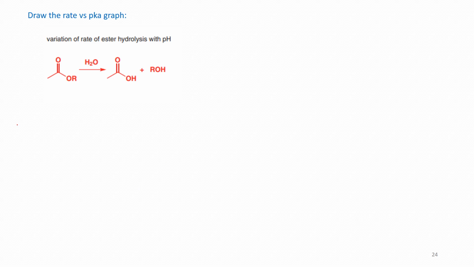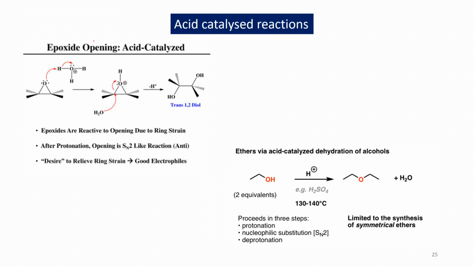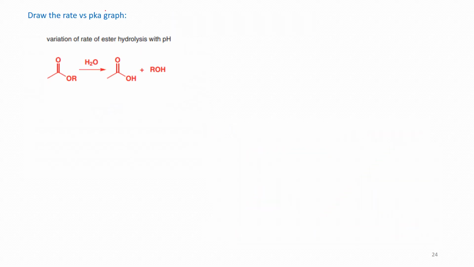Now suppose a reaction is there: the variation of the rate of ester hydrolysis with pH. So you have to draw the variation of the rate of ester hydrolysis with pH.